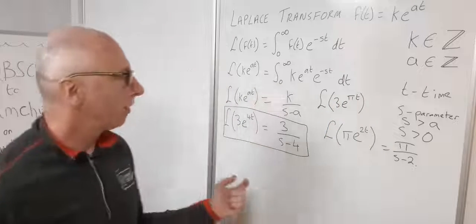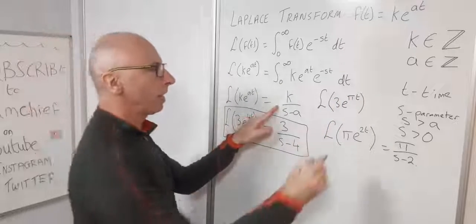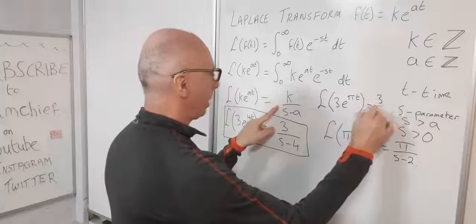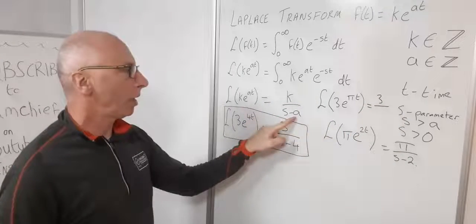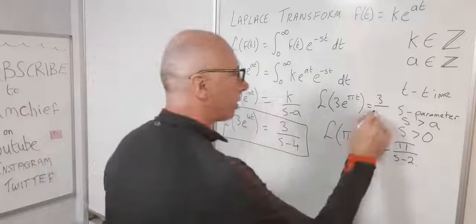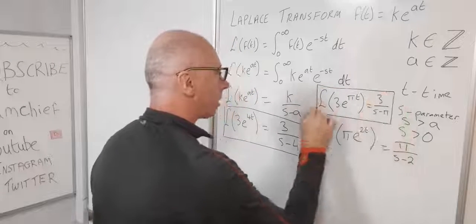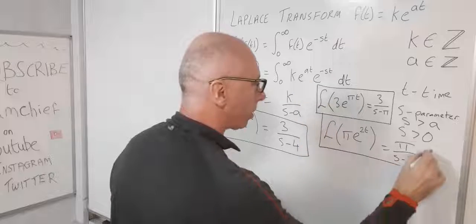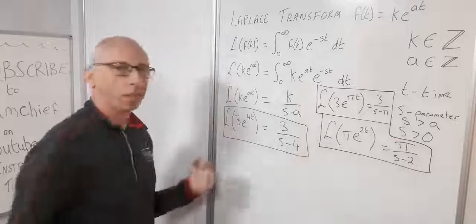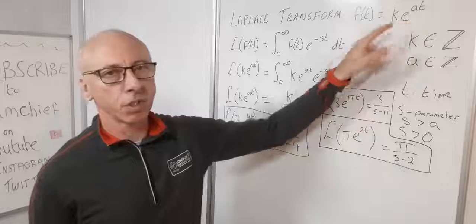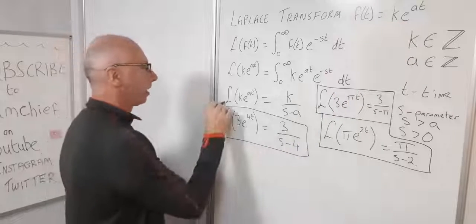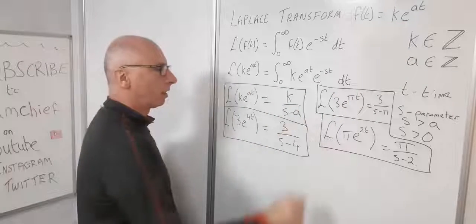Using my generic formula again, I've got 3 over s minus my a, which is pi, so s minus pi. So there are some examples of the Laplace transform for the exponential function k e to the at.